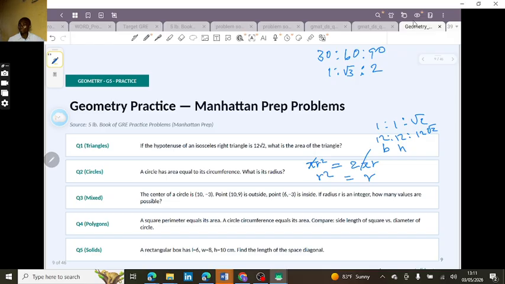If you have r squared equals 2r, that means you divide both sides by r. If you divide both sides by r, what will remain?